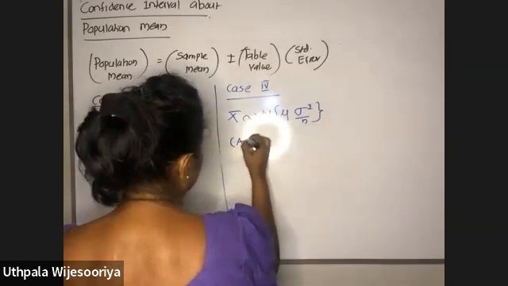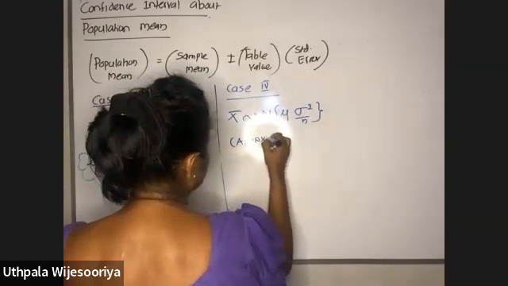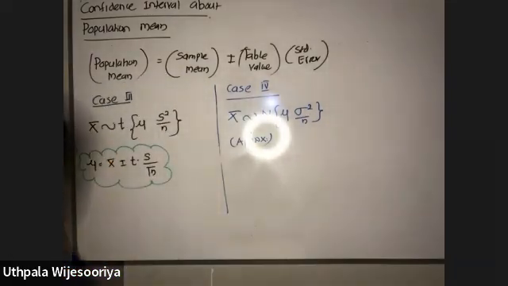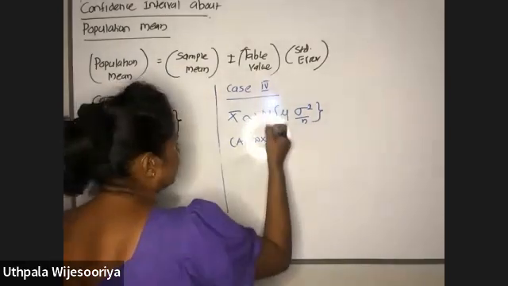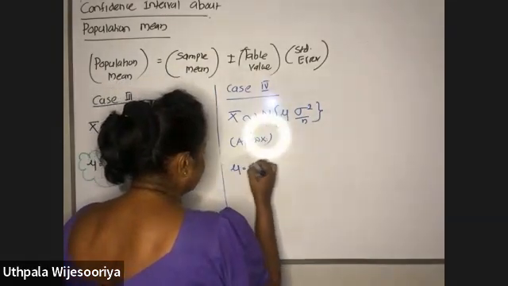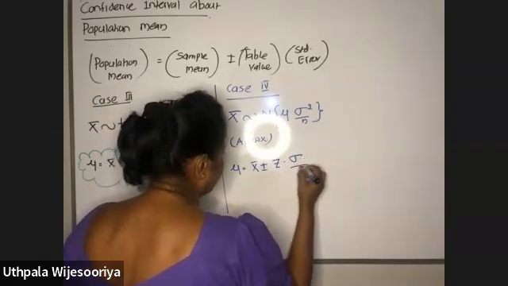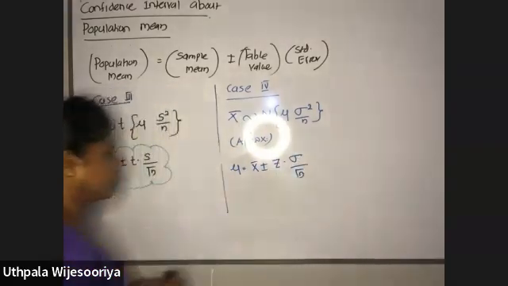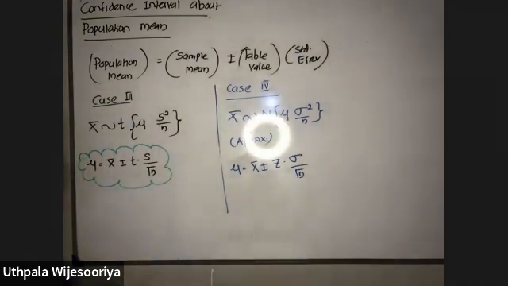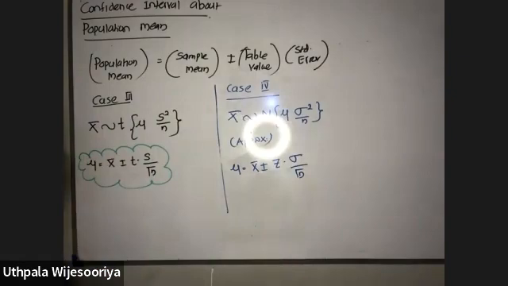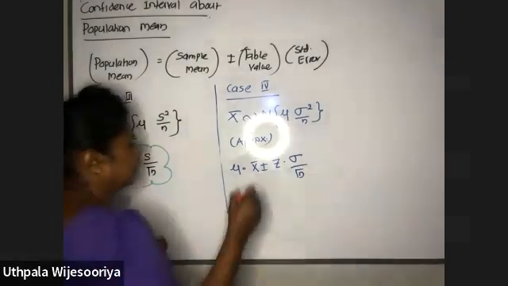Approximately. So again, what is your formula? Same as your case 1 formula, but the normal distribution is approximate: x bar plus or minus z sigma over root n. Since this is an approximately normal distribution, we have to use our Z table value, the approximate Z value.